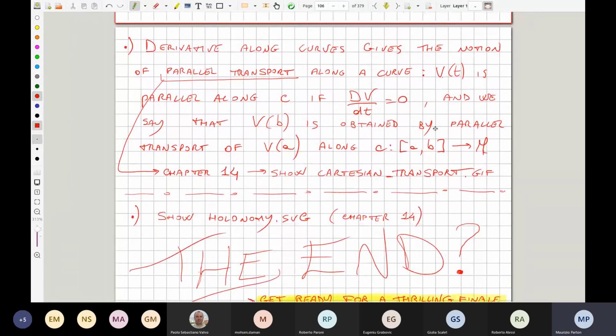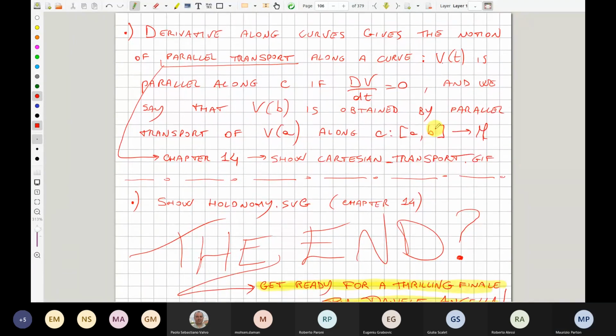Okay? And derivative along curves gives finally the notion of a parallel transport. Because now I was taking the derivative of the tangent vector to the curve, right? But I can take the derivative of any vector along the curve. And so I can transport a vector from a point to another point.